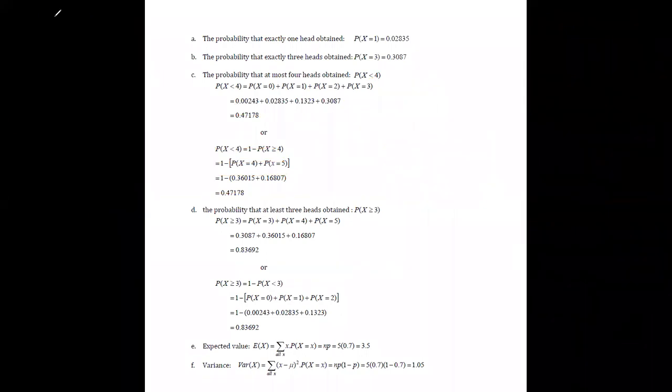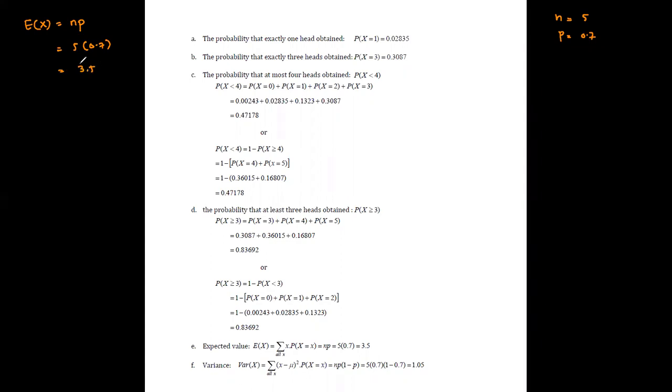We know that the expected value of a binomial distribution can be obtained using the equation n times p. Here n equals 5 and p equals 0.7. Substituting the values, 5 times 0.7, we get the expected value as 3.5.